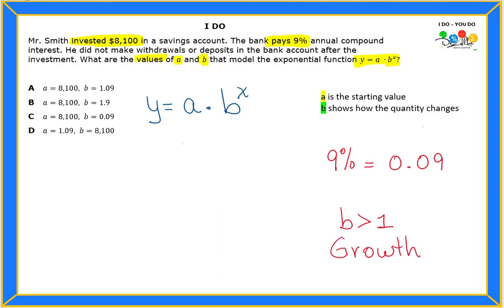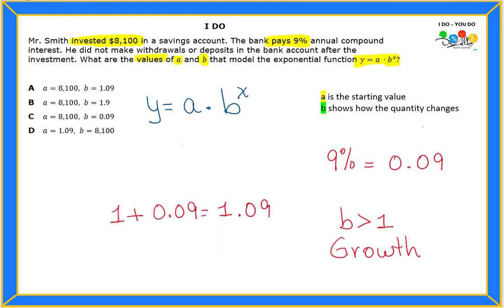Then more than likely it's going to be something good for you. You will get extra money, right? Once you want to withdraw the rest of the money. Now, how do I know what's going to be B? Well, remember, B is going to be 1 plus the rate of change that we're talking about, or my percent of change, which is 0.09. And that gives me 1.09.